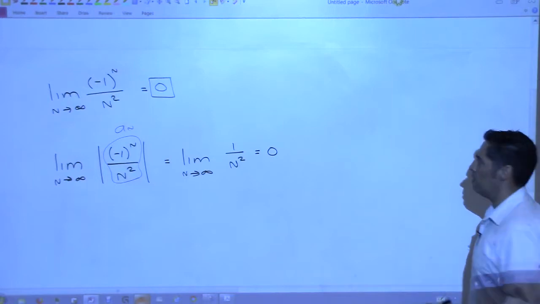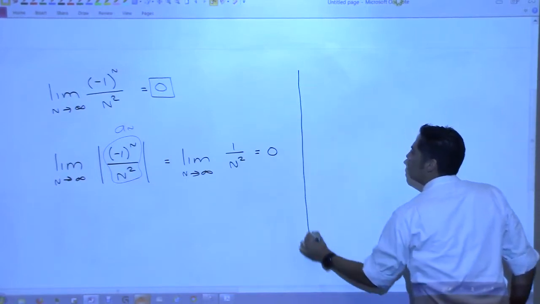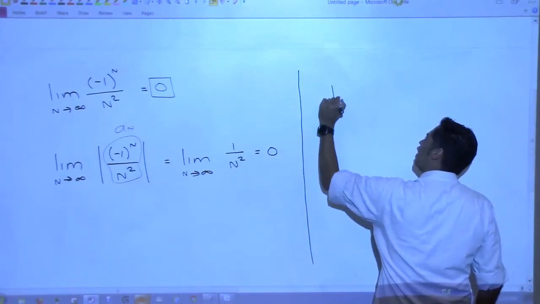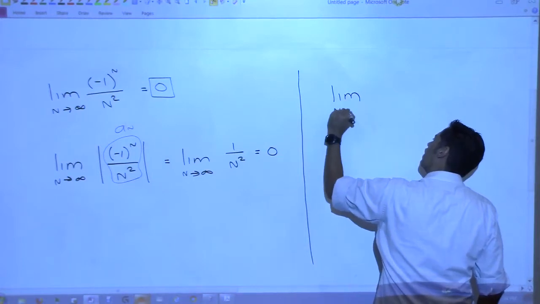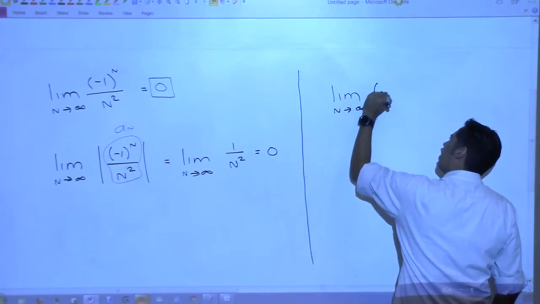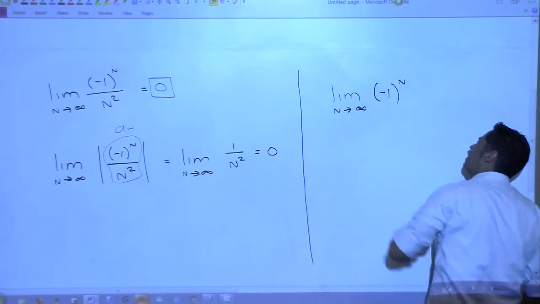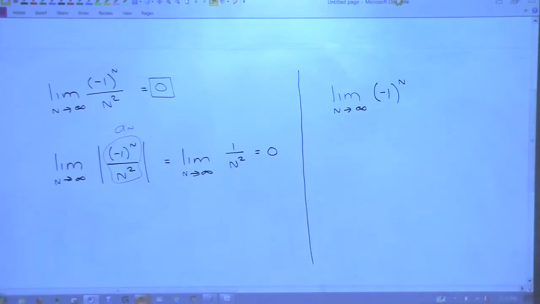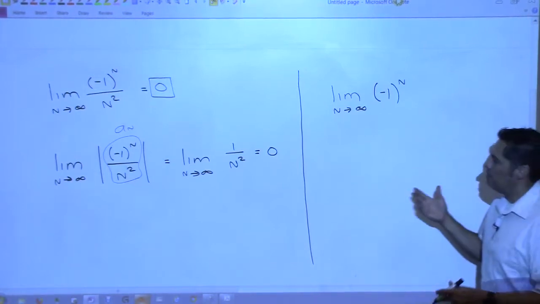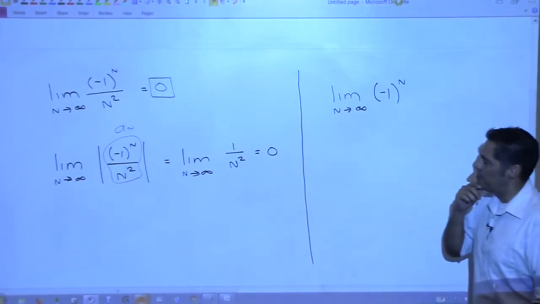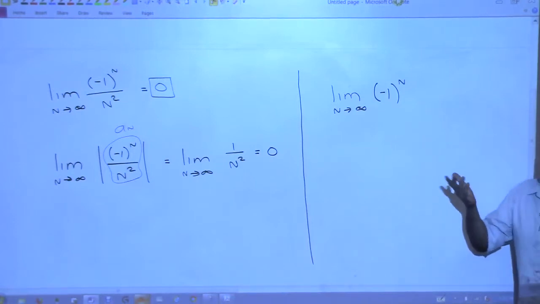Now, be careful. What is the limit as n goes to infinity of -1 to the n? Let's say we're getting a little bit haphazard and we're not paying close attention to what that theorem is saying. And we say, okay, I'm going to use that theorem.